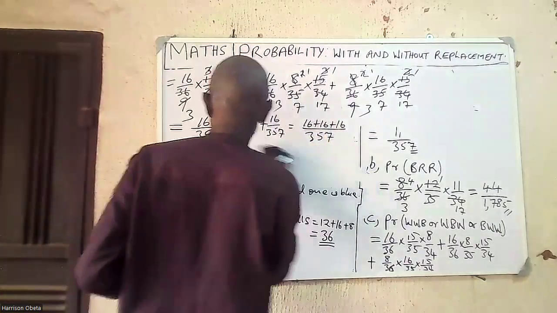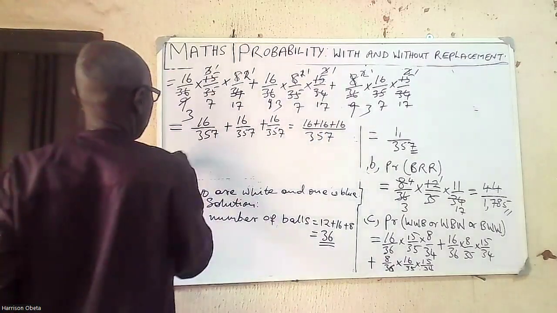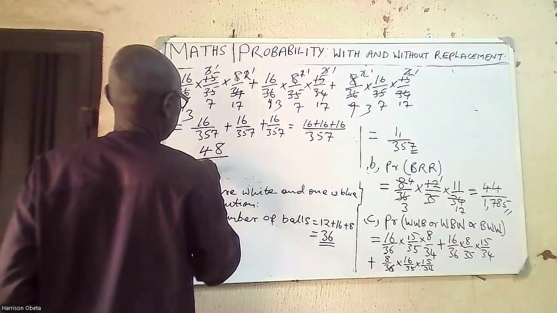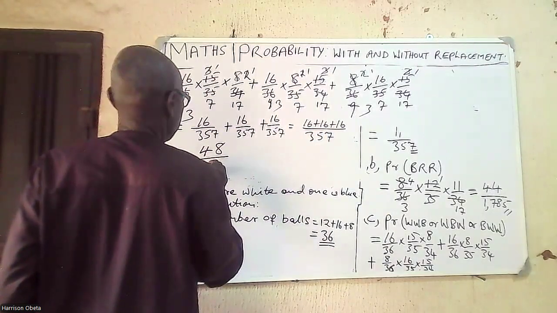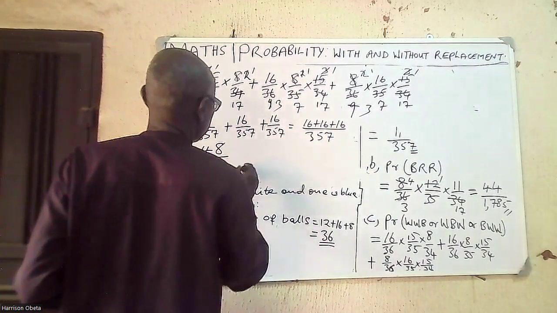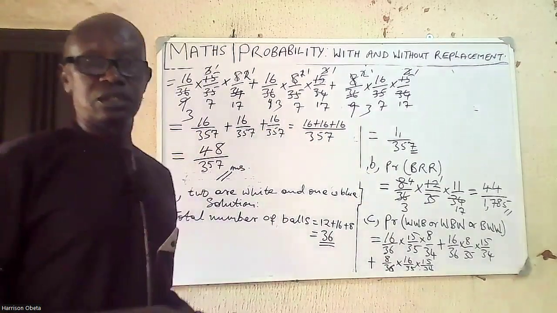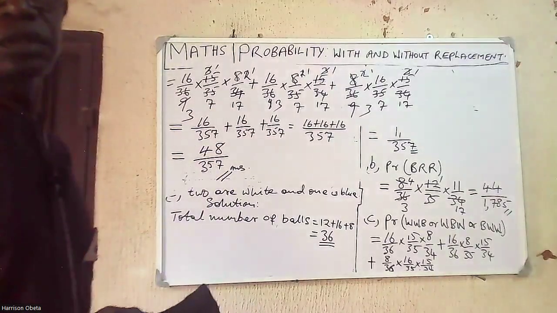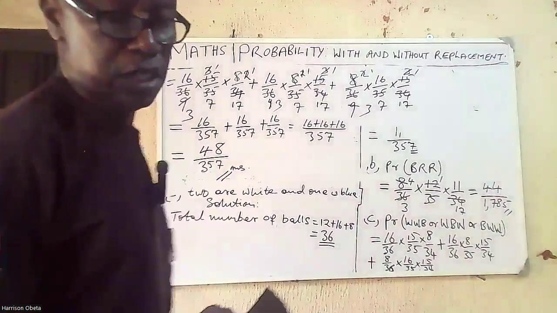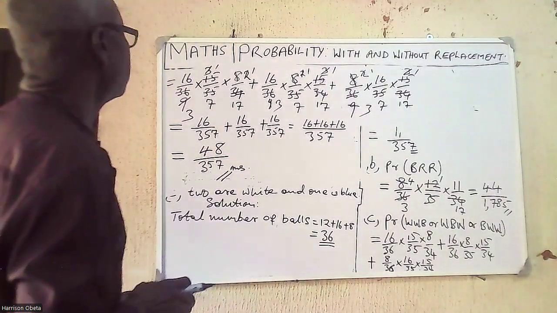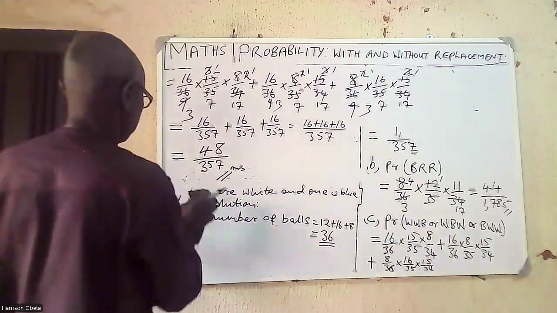So in continuation, we have 48 all over 3 5 7 as our final answer to that value.